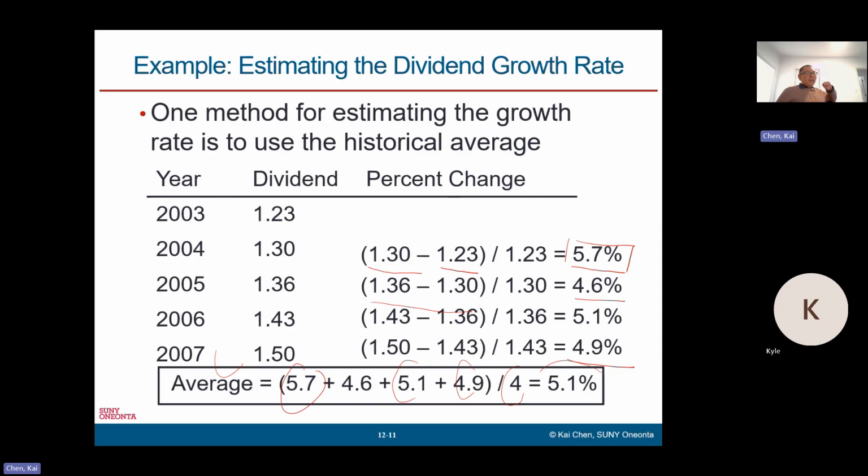As a matter of fact, 5.1 is the average dividend growth rate in the past 4 years, right? In the past 4 years.